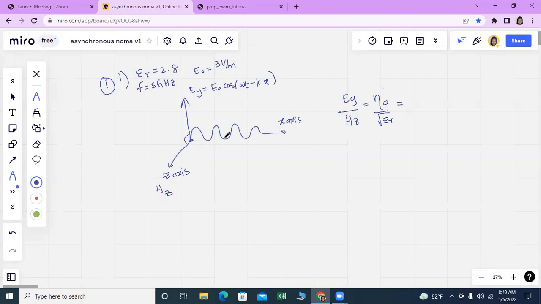The intrinsic impedance of the vacuum we can find using the square root of mu naught over epsilon naught.